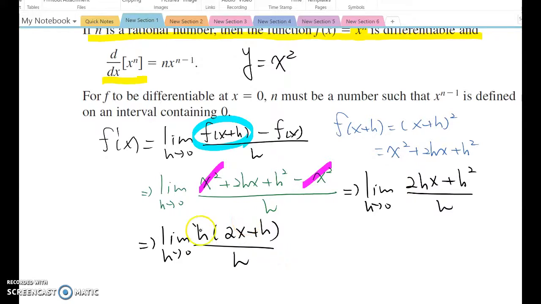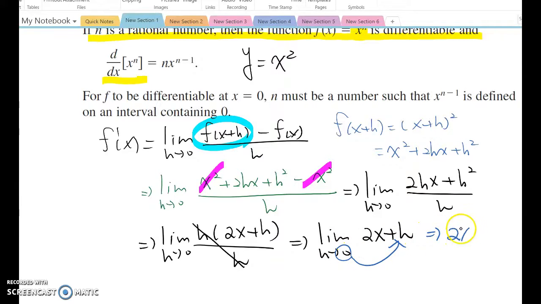We cancel this, and then it's the limit as h moves to 0 of 2x plus h. Now plug 0 into h, then it's going to be 2x. So after all, f prime x, or we can say y prime, equals 2x.